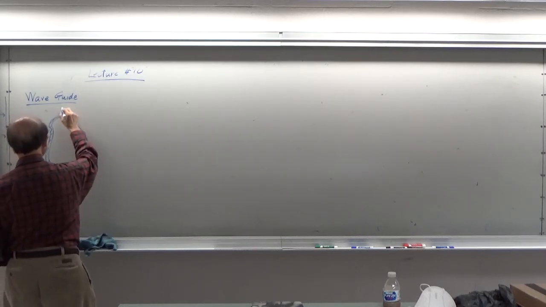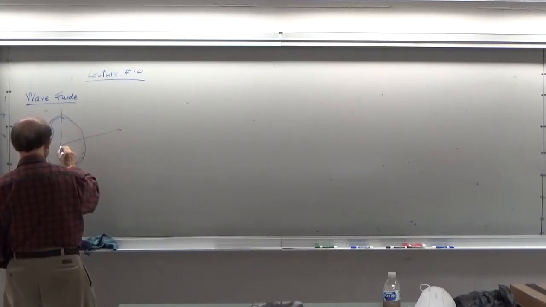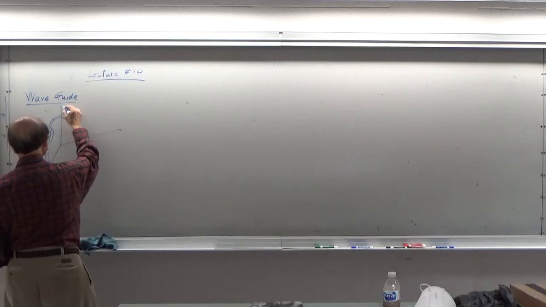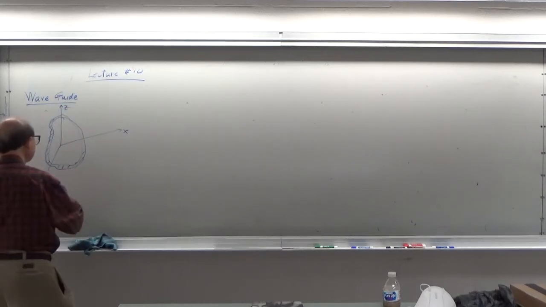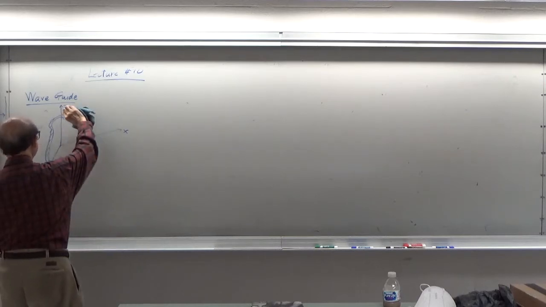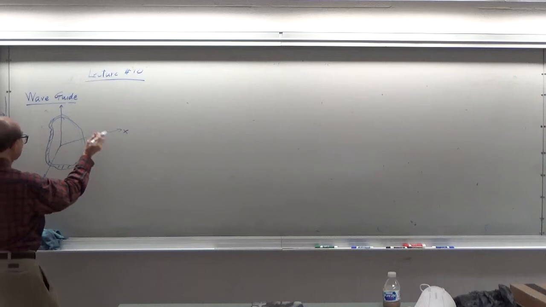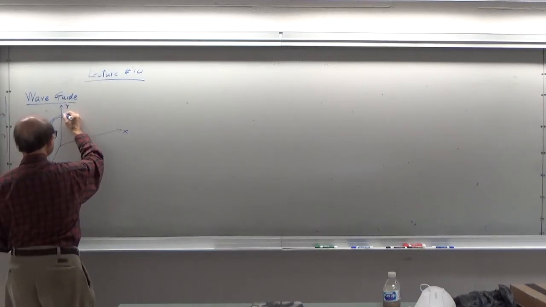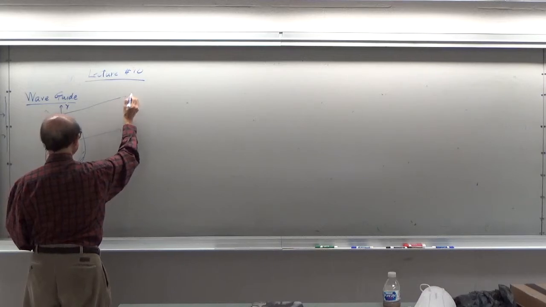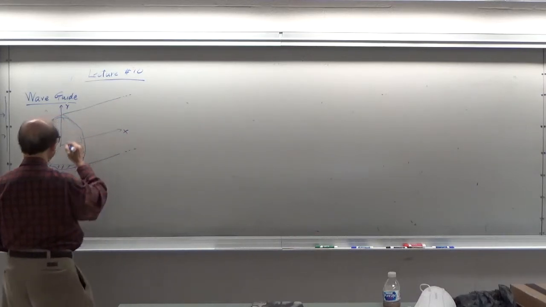And let's make the coordinate system like that: a right-handed coordinate system, X, Y, Z. And this extends all the way to infinity, let's say a long hollow pipe.